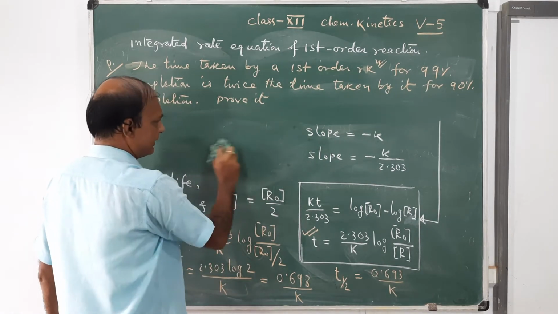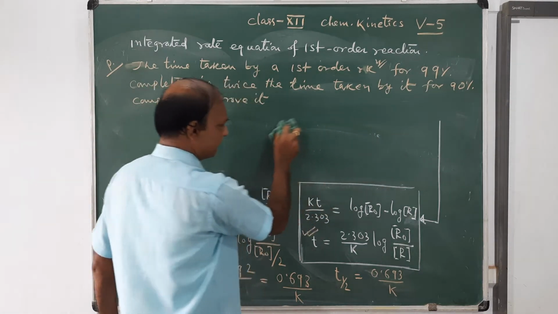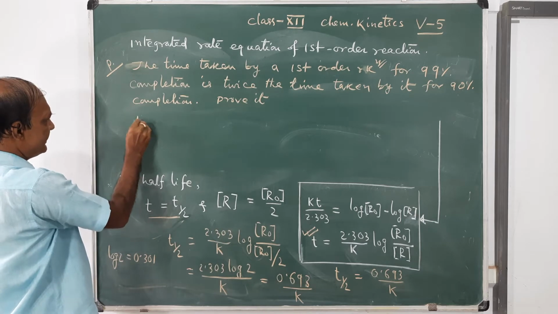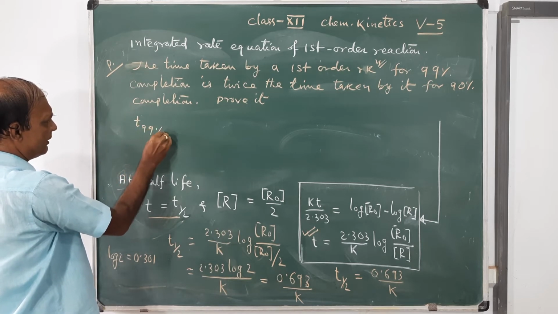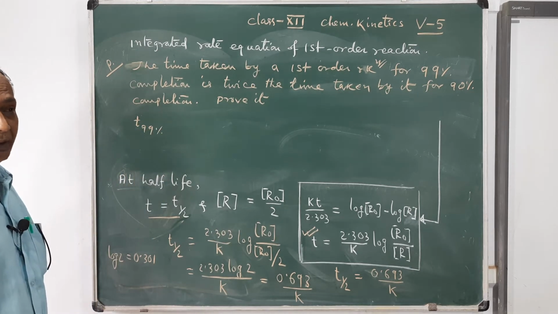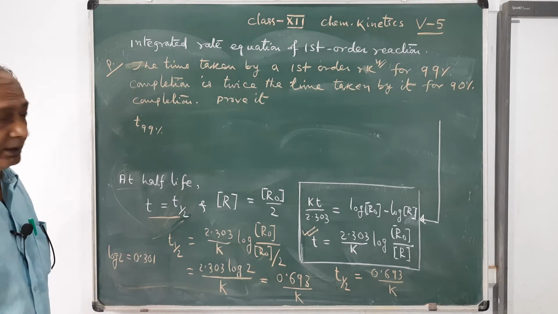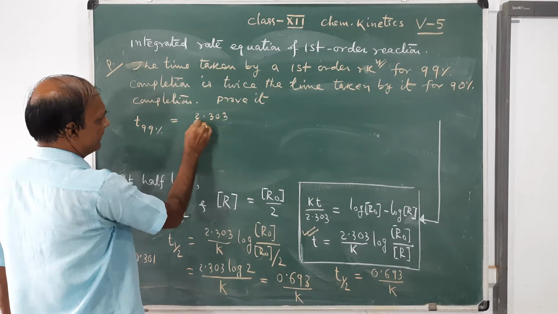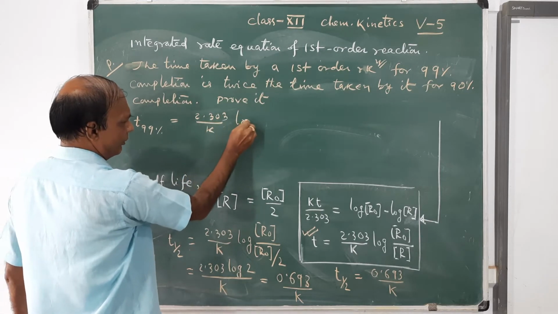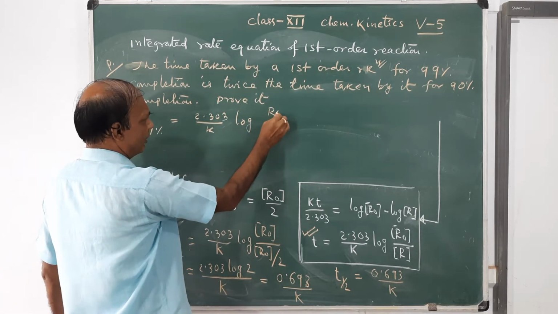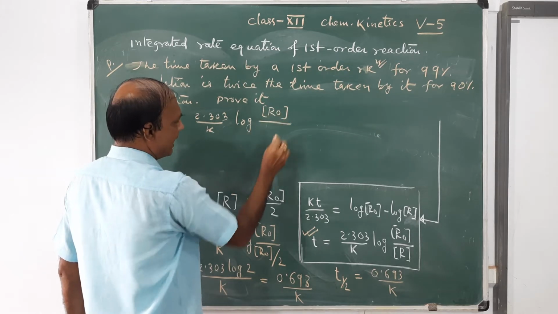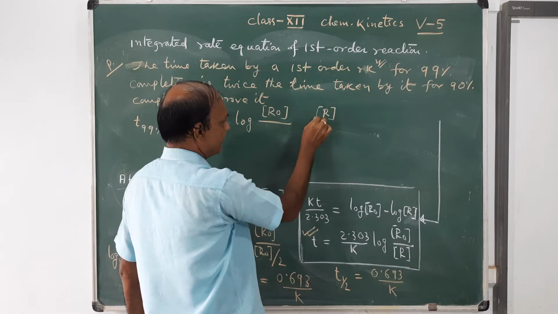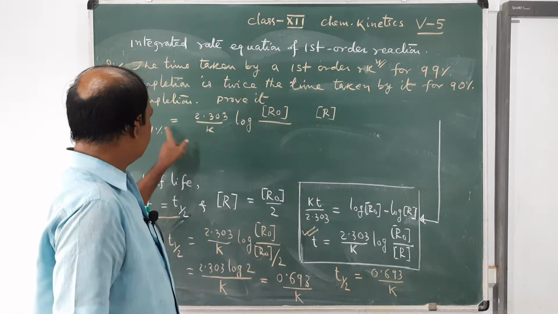You know that the integrated form of the first order reaction is this one. Therefore, T99%, the time when 99% of the reaction is over, is equal to 2.303 by k log R naught by R. R means here the concentration of the reactant left after this time.